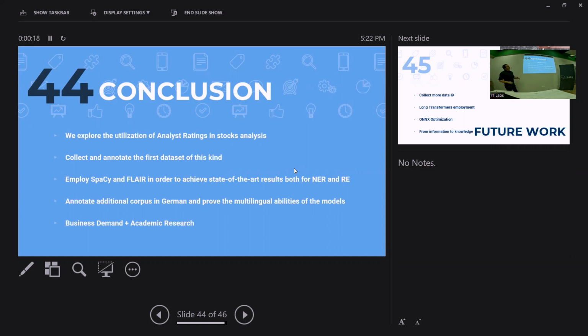We explored the utilization of analyst ratings in stock analysis. We collected and annotated a dataset of this kind, which is an important task, because there are not so many datasets like this. When we searched for datasets, there are providers for news, but you have to pay, and they are not annotated. We tried different libraries, spaCy and Flair, for both NER and RE.